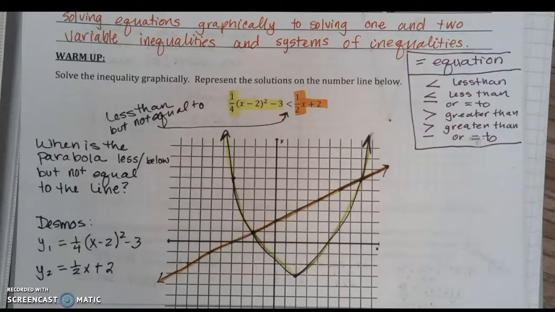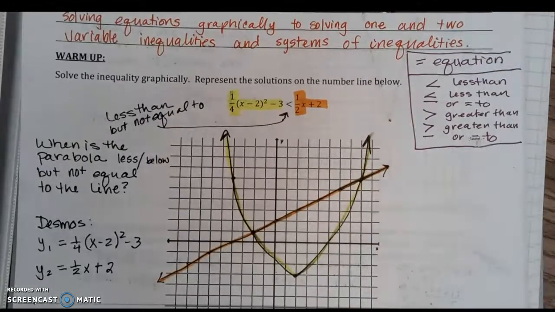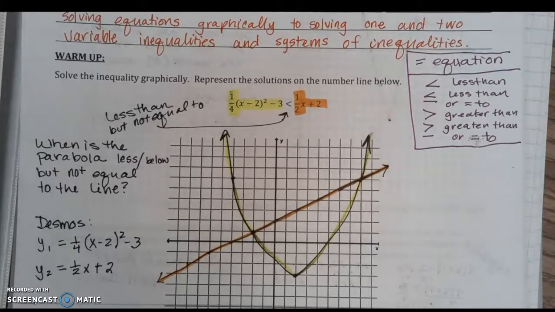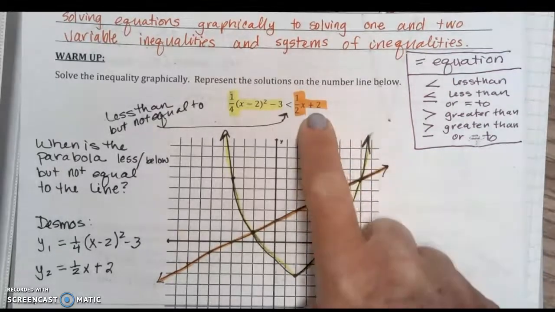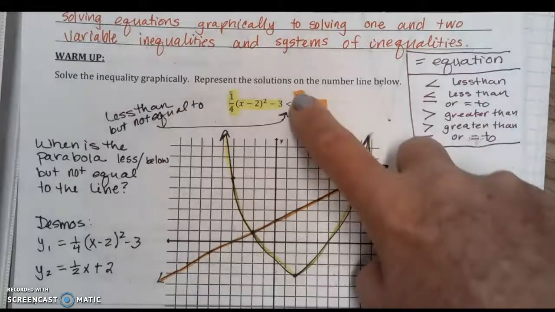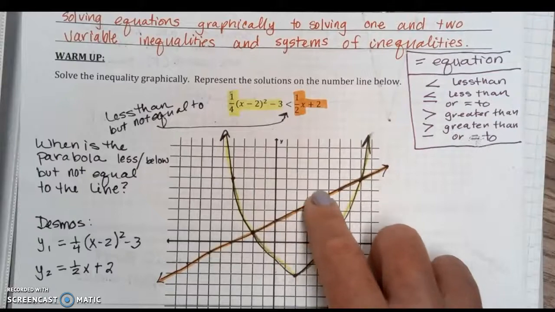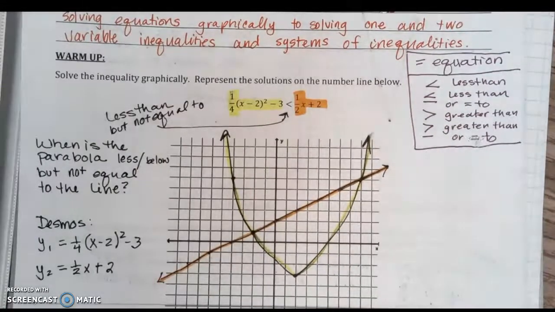Okay, that's the parabola. You can get that in Desmos if you need to, but most of you can graph that pretty well. And then the right side of the equation is linear. So this one crosses the y-axis at +2 and has a slope of 1/2, which is up 1, over 2, up 1, over 2, up 1, over 2. So it's going to be that line right there highlighted in orange.